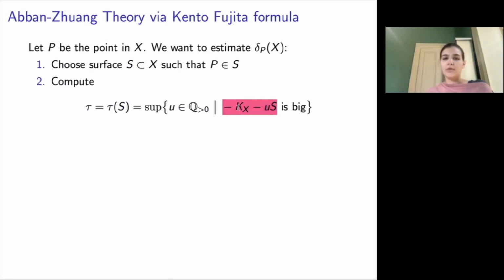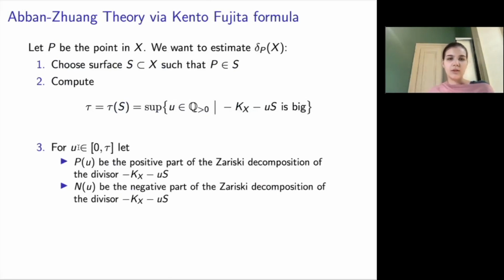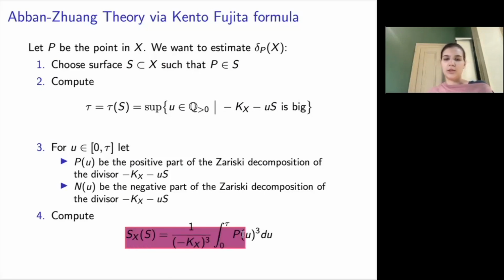So we have the anti-canonical divisor on this threefold X. We have this surface, which we chose earlier, and we find the number for which this divisor is big. Then on this interval, which starts with 0 and ends with this τ, we compute the positive and negative parts of the Zariski decomposition of this divisor. And then we compute this S invariant, which I mentioned earlier.